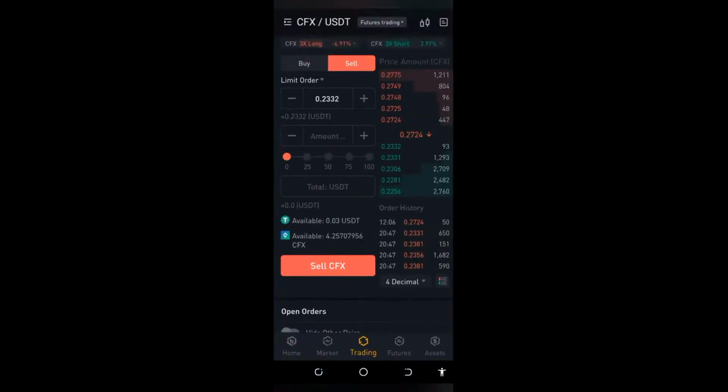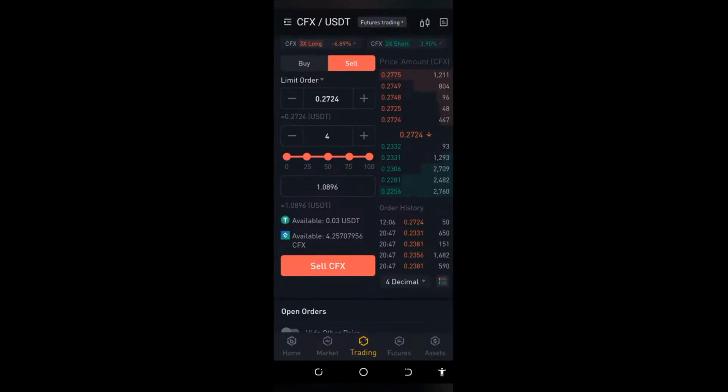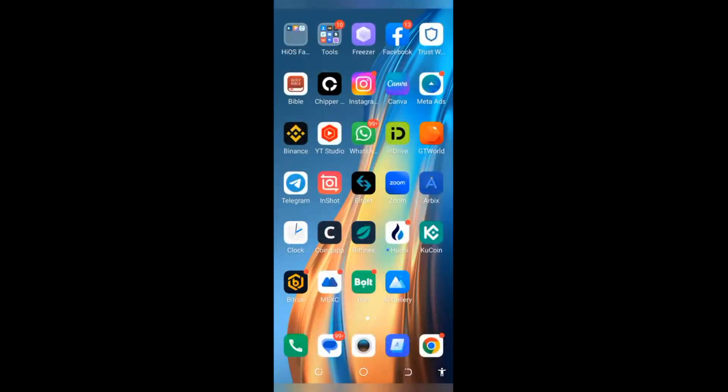If this is really true of the 16%, then if I try to sell this, for instance, see what we have. We've got $1.08.